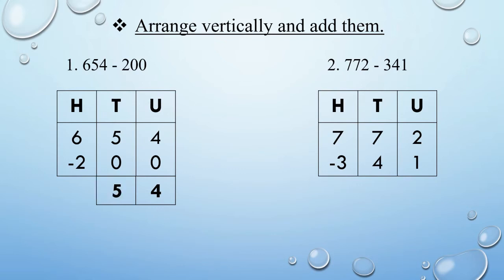Then in the hundreds column, 600 minus 200 is 400. Means 6 minus 2 is 4. So the answer is here 4 hundreds, 5 tens and 4 units. Means 454. Now let us move to the next one here.